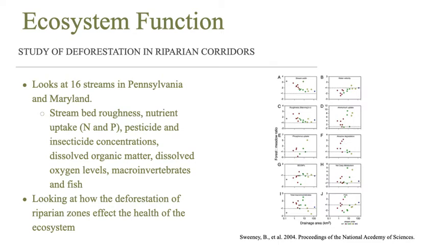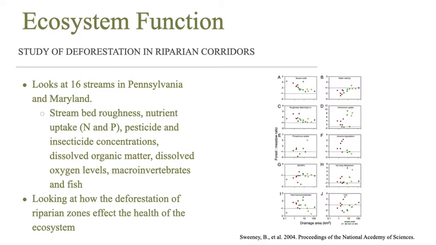So they looked at a few different aspects of stream health. Things like stream bed roughness, which is an important factor in reducing the velocity of the stream, because it allows the stream to slow down and drop off sediments, and that just allows for a healthier stream.